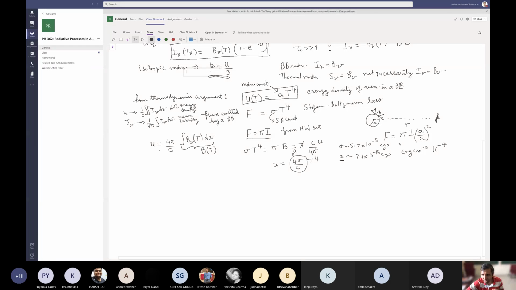So this becomes erg per centimeter square per Kelvin to the 4, and there was a per second, right? So this is sigma and this is A. You should be very, very comfortable with units. Anyway, I am sure you all are.